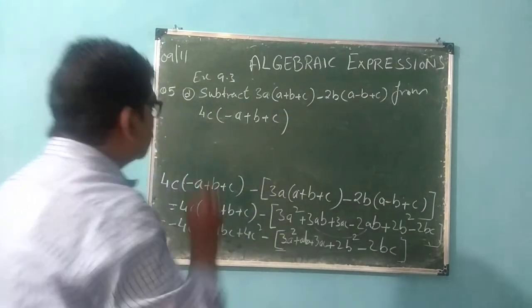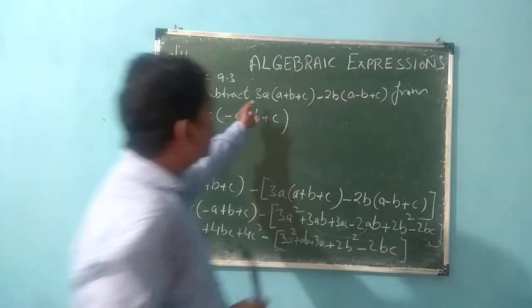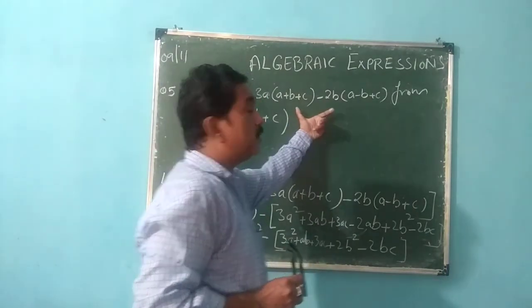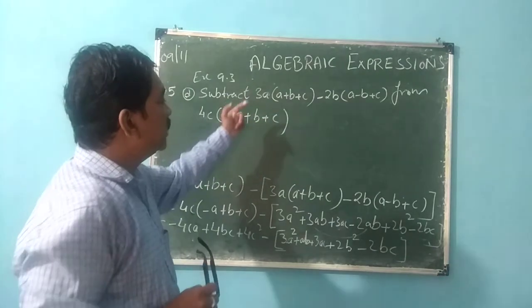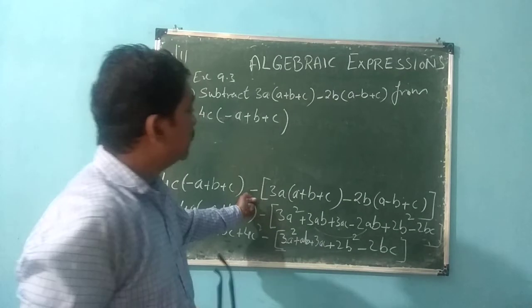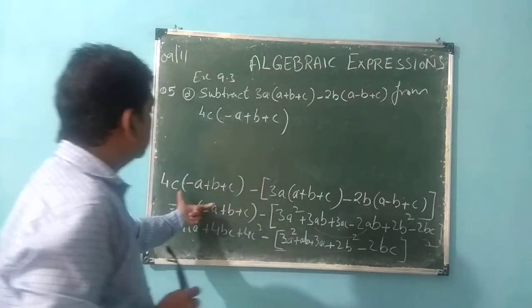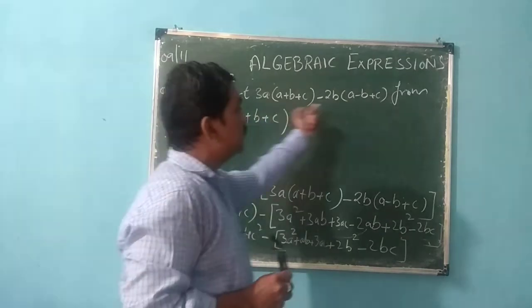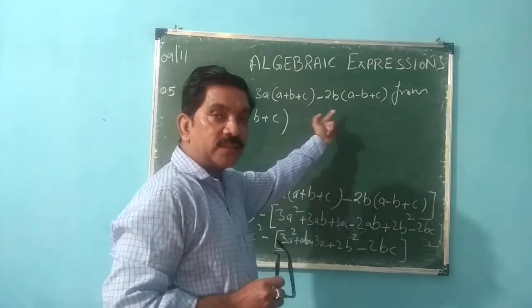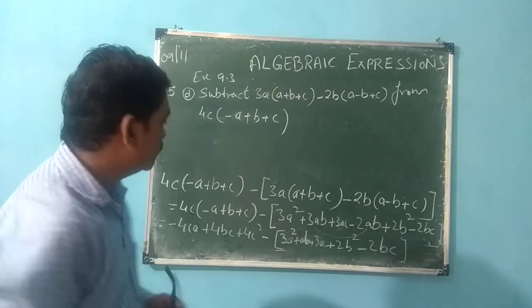Okay, now this is what we have to do. That means these two terms will be subtracted from this. So therefore these two terms will become minus. Clear? And this term will come here. So first we will simplify these two terms. After simplifying these two terms, then we will subtract from this term.